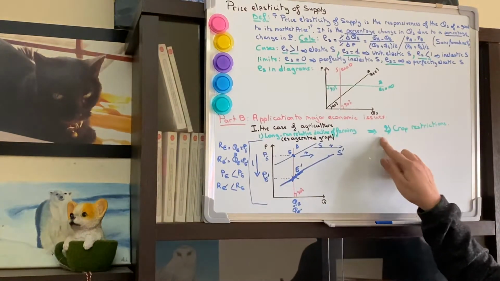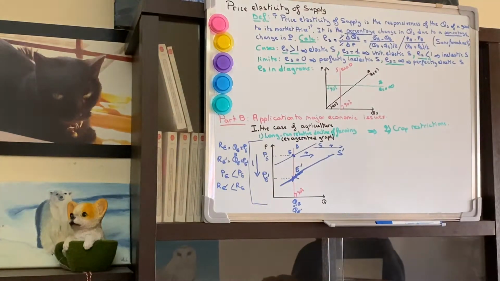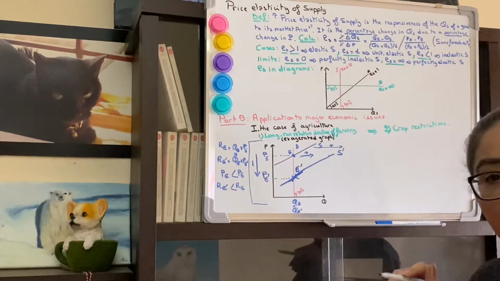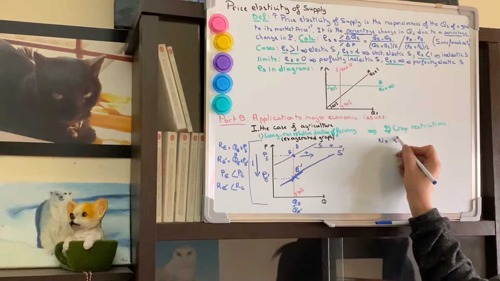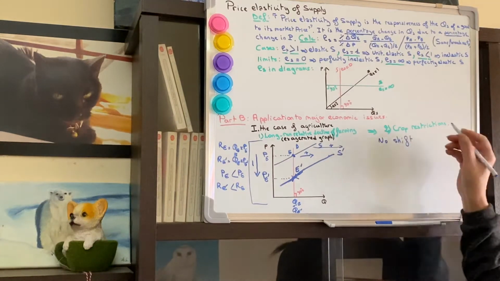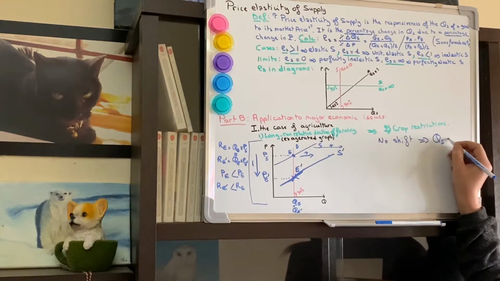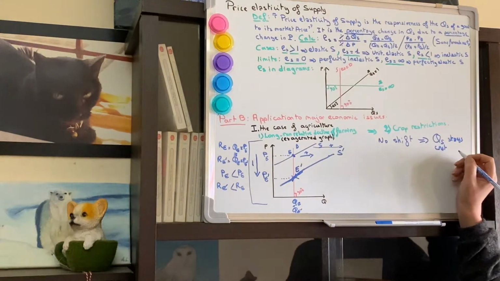Okay, so the government is going to say, you're not going to supply that much to make your supply shift. No shifts. We're going to make sure that the quantity supplied stays constant or limited.